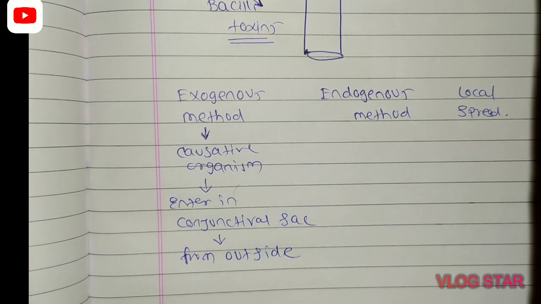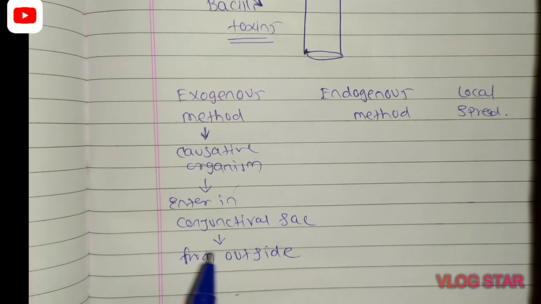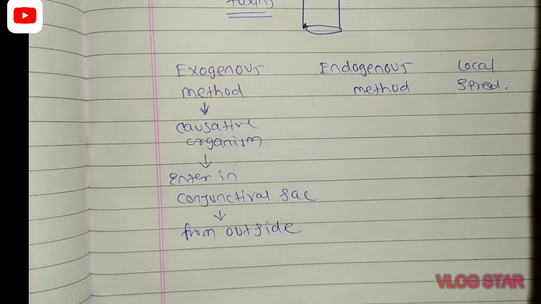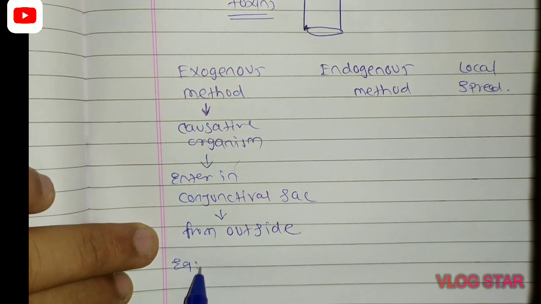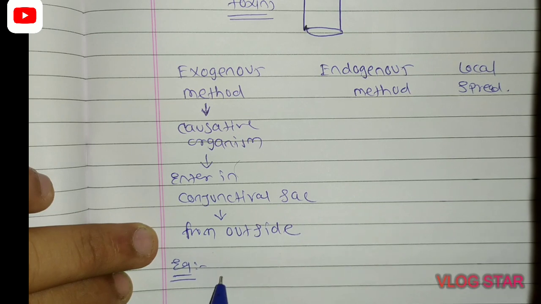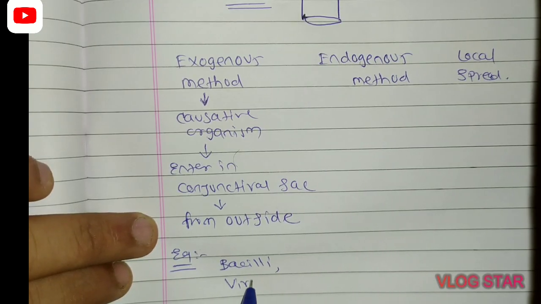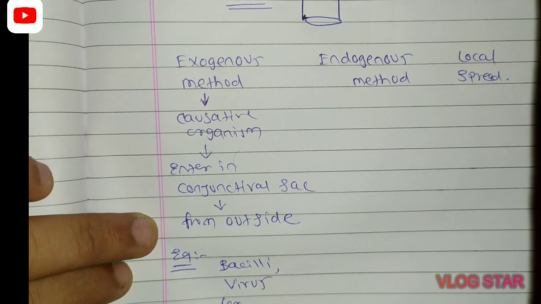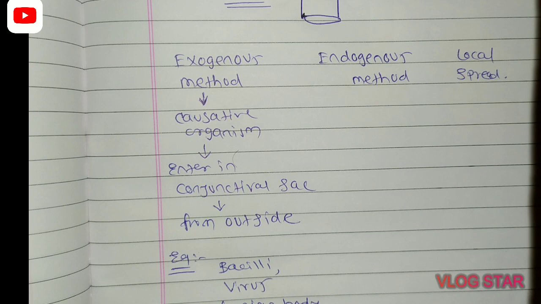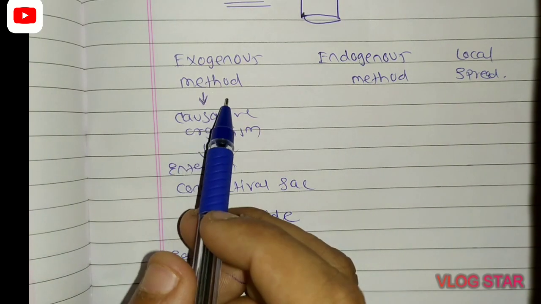So in this method the causative organism, a particular bacteria or virus, enters into the conjunctival sac from outside. Examples of such foreign bodies are bacilli, bacteria, viruses, or any foreign body which causes infection by this exogenous method.